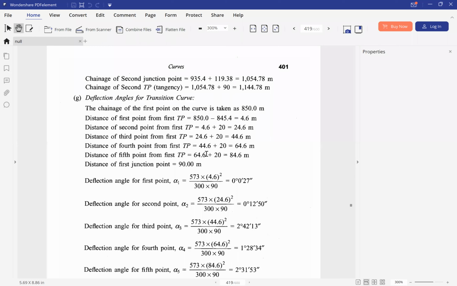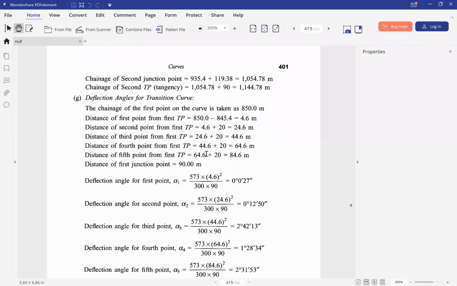We can also take 860 as well. Remember that we have already discussed a number of times how we can make the chainage a round figure. So 850 minus 845.4, the length of the first chord comes out to be 4.6 meters.